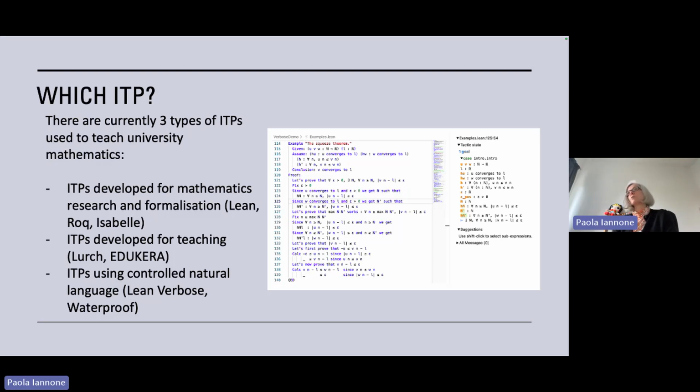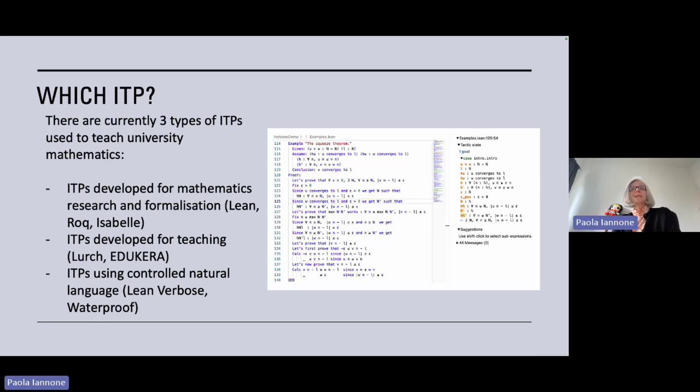I don't think that this was anywhere in the landscape of the 60s where Automath was first put together in Eindhoven. So these are really tools that have come out from mathematicians to say, okay, let's see whether it is possible to have a system that can check my proofs and formalize my results. And this is how it started and how it's been used for a very long time. And now, of course, there is the possibility of auto-formalization. So this all sits on the side, if you like, of mathematics research.